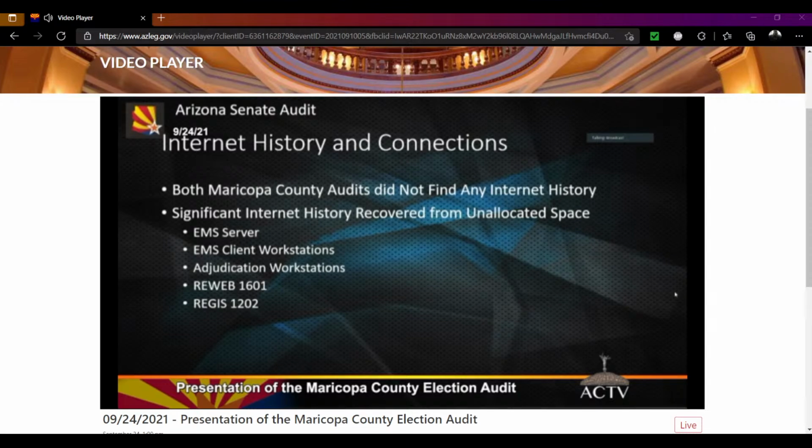Now, before I get into this, I want to walk through my methodology a little bit. It's very common for operating systems to have default URLs, compatibility caches, things of that nature that may have an internet URL as part of that artifact.